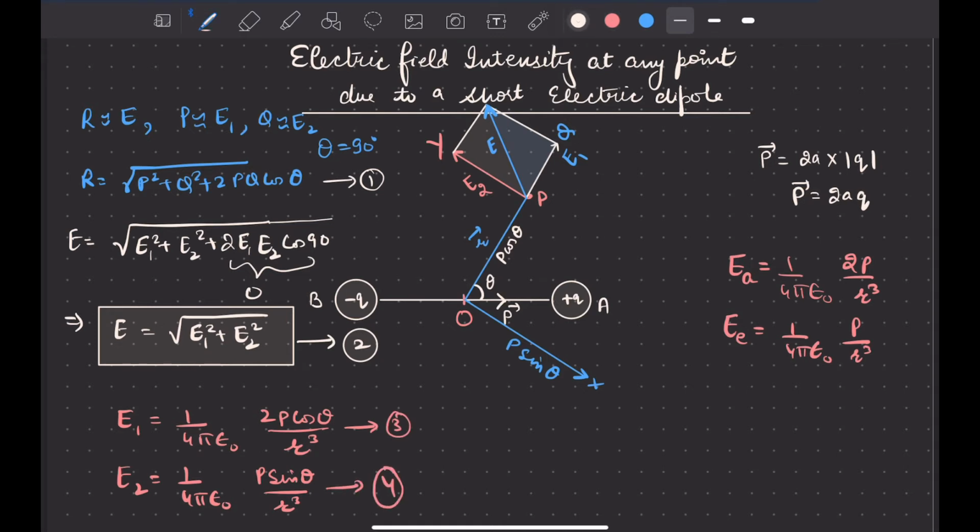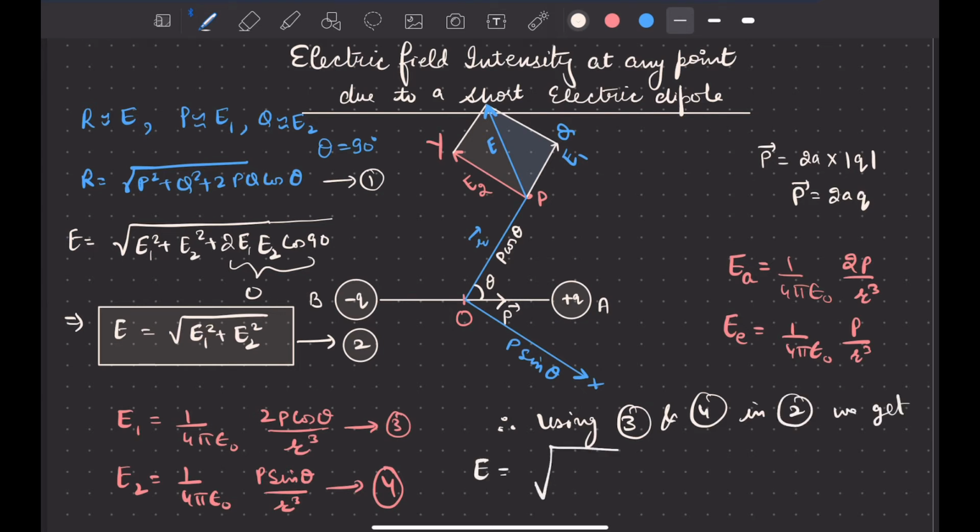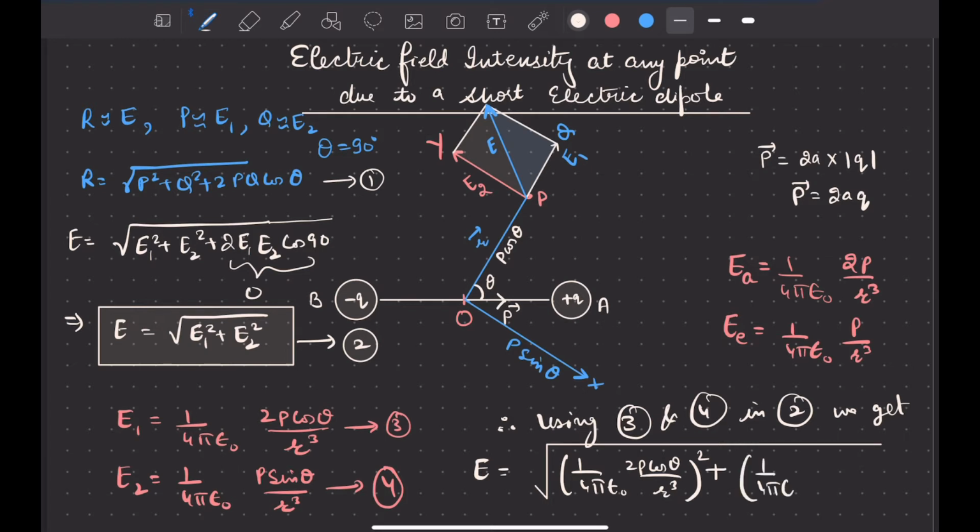The only thing which is left right now is to put equation number 3 and 4 in equation number 2. Therefore using 3 and 4 in 2, we get E is equal to under root of E1 square, and instead of writing E1 square I will write 1 upon 4 pi epsilon naught 2p cos theta upon r cube whole square plus 1 upon 4 pi epsilon naught p sin theta upon r cube whole square.